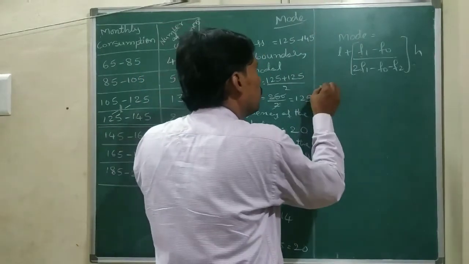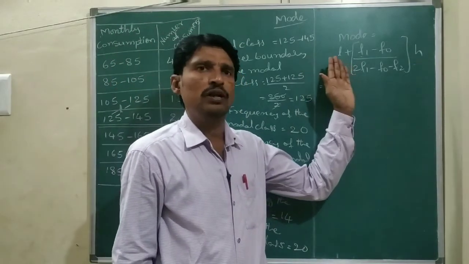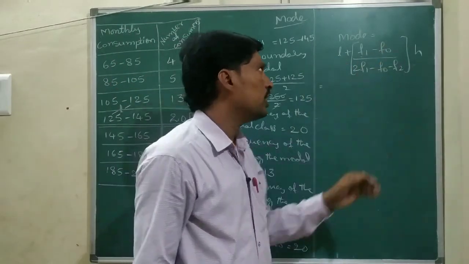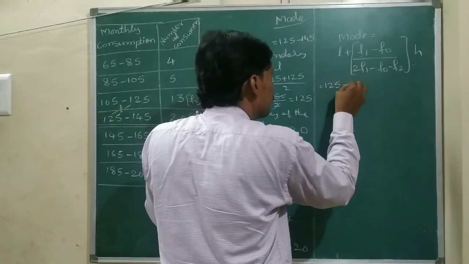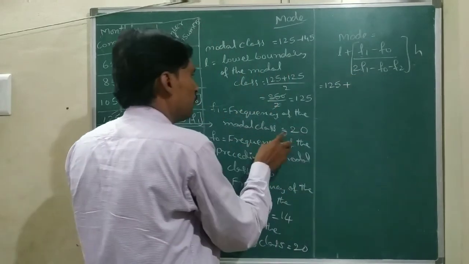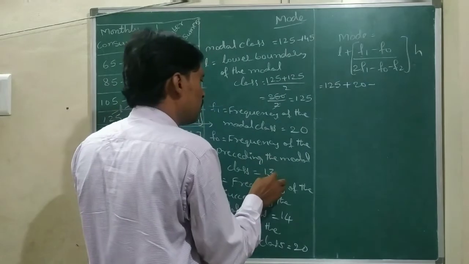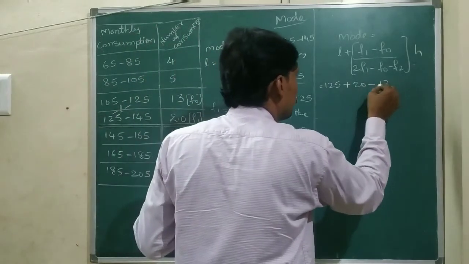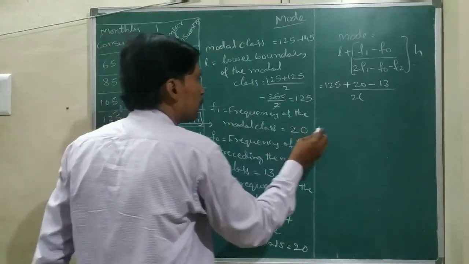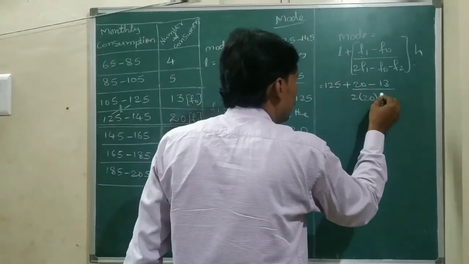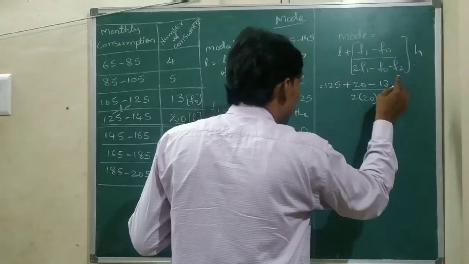So mode equals L plus (F1 minus F0) by (2F1 minus F0 minus F2) into H. L value is 125 plus F1. F1 is 20 minus F0. F0 is 13, by 2 into F1. F1 value is 20 minus F0, 13, minus F2.